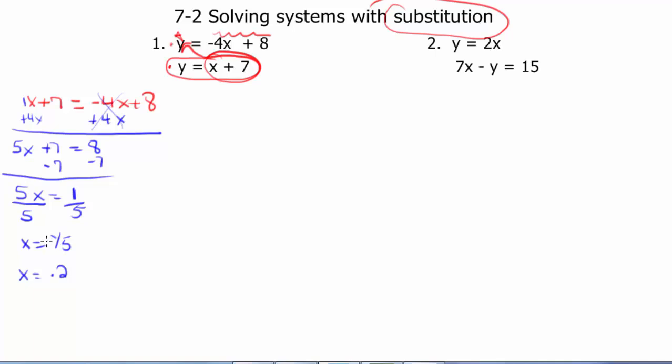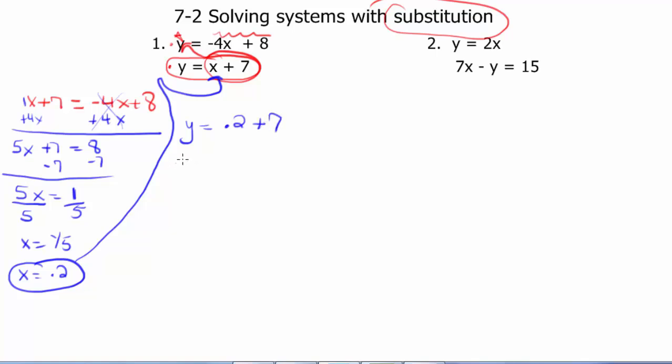Because what you're going to have to do is come up with a point, an x and a y, just like when we graphed. Now we're going to plug 0.2 into either one of the equations. I would just always pick the easier one. This one's easier to plug in than that one. It doesn't matter though. So y equals 0.2 plus 7.